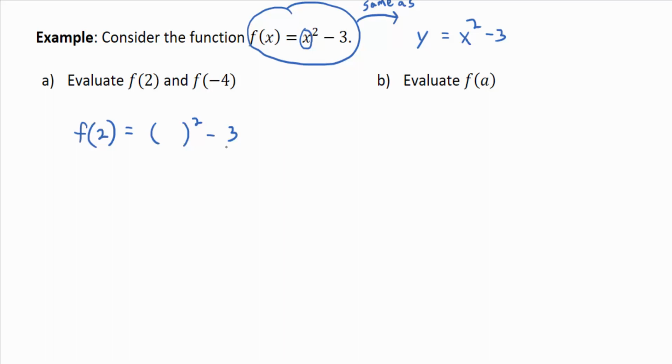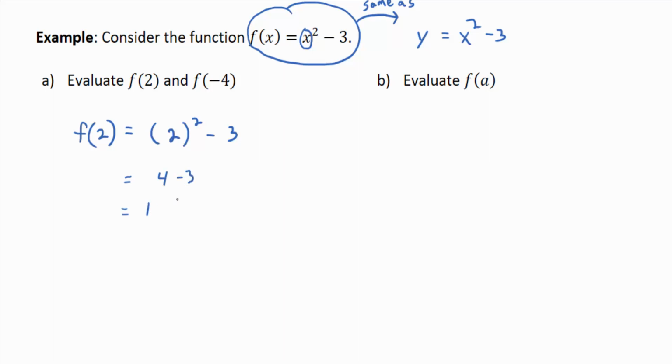Does that make sense? So f of 2, instead of f of x being x squared minus 3, f of 2 is 2 squared minus 3. You're substituting 2 in for x. And then order of operations, do the exponent first and then subtract 3. What do you get? 4 minus 3 is 1.